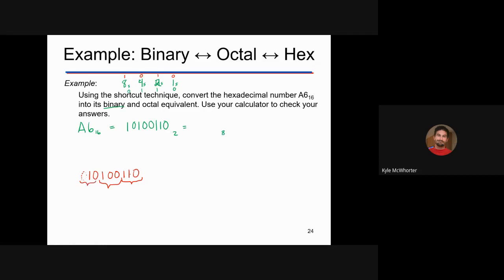Then what is 1, 1, 0 in binary? This is the 1's, this is the 2's, and this is the 4's. So 1, 1, 0 would be 6. 1, 0, 0 would be a 4 plus nothing, so that's a 4. And then this one would be a 2. So in octal, that would be 246.